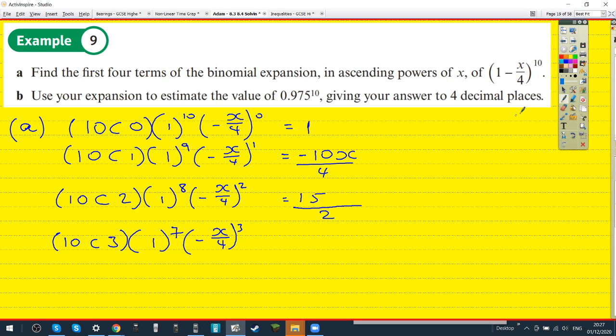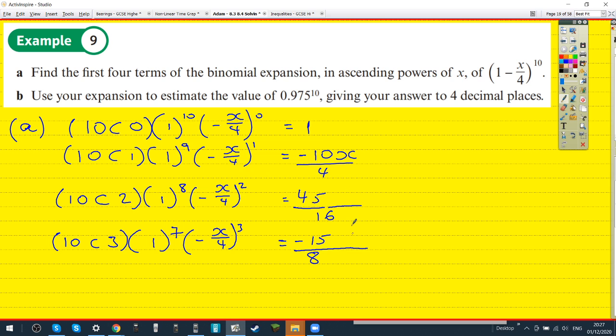It's 45 over 16. Okay. And the last one is minus 15 over 8.